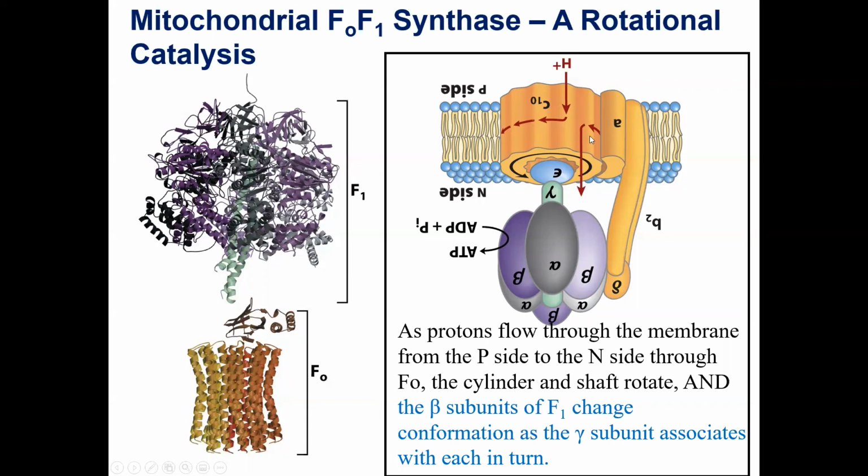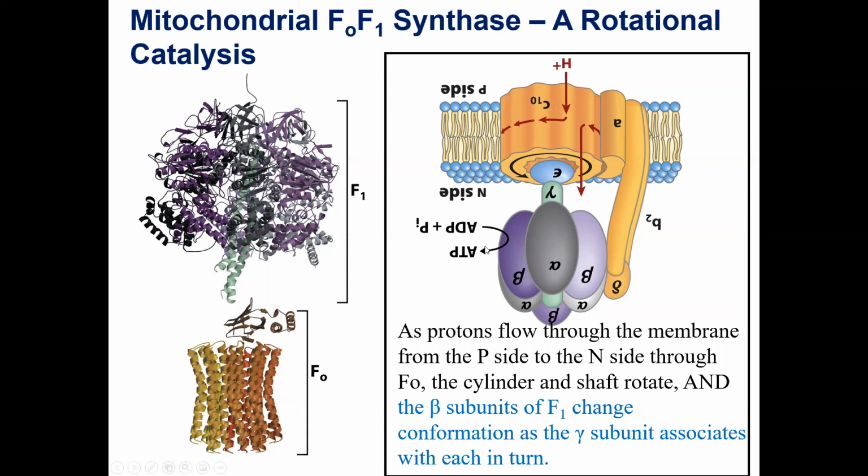Basically what happens is, as protons flow through the membrane from the P side to the N side through F0, the cylinder and shaft rotate. And when they rotate, there is a conformational change.